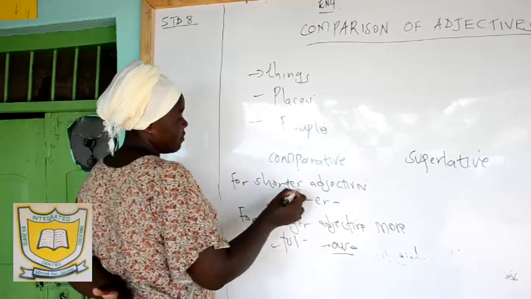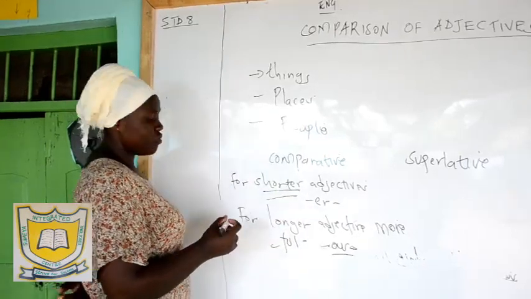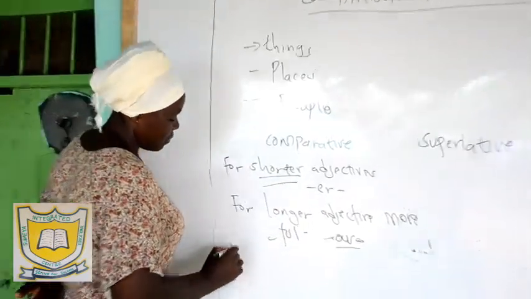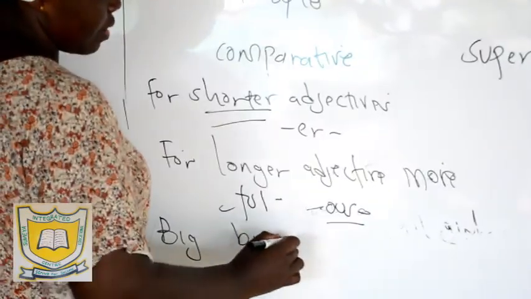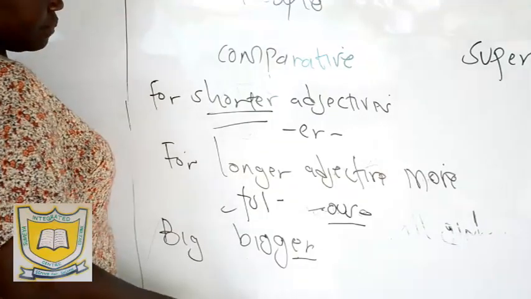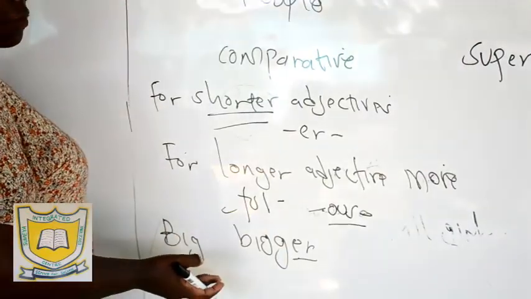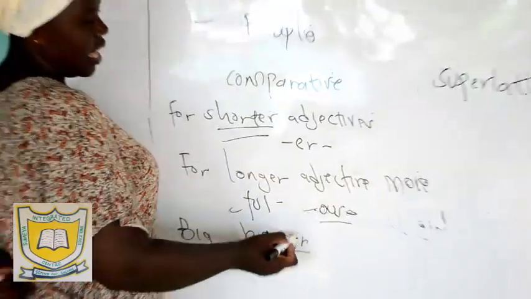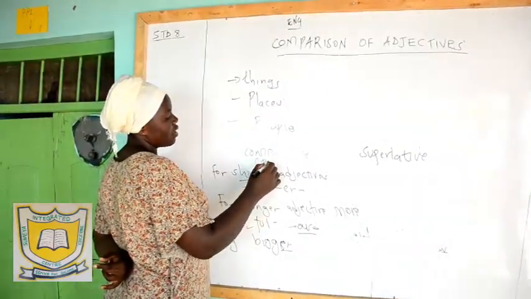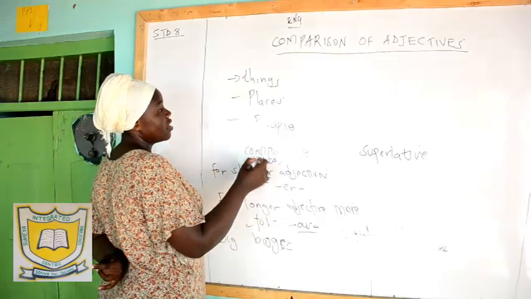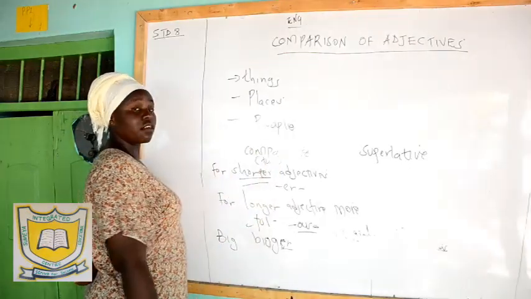For example, for shorter adjectives, in the positive degree I'm having big. In the comparative degree, I'm having bigger. So in my comparative degree, I added ER. Just remember, in the comparative degree, we are comparing two things, two places, or two people.